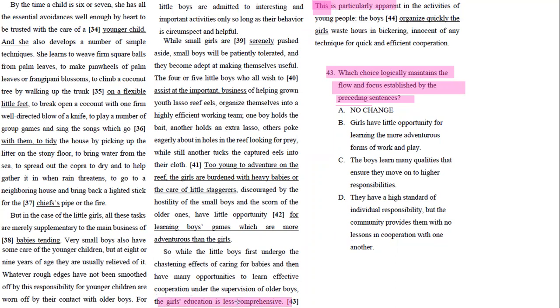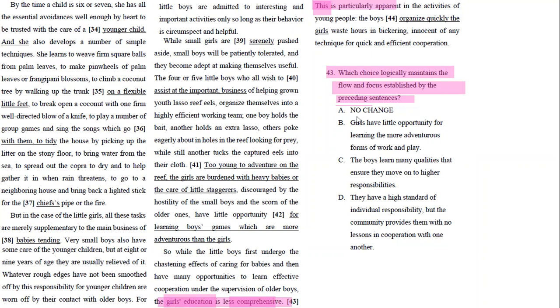So the focus of the paragraph is girls' education. This is particularly apparent in the activities of the young people. The boys do what? So here I want to emphasize that girls' education is less comprehensive than the boys' education.